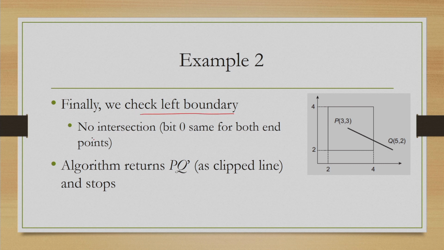However, with the region codes of P and Q dash, because that is the new line segment, bit 0 is same for both endpoints. So, there is no intersection, and at the end of the algorithm we get P Q dash as the clipped line.